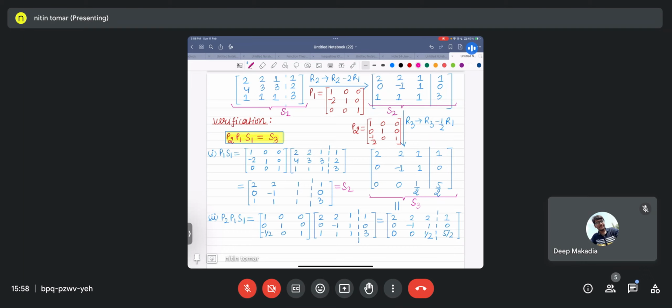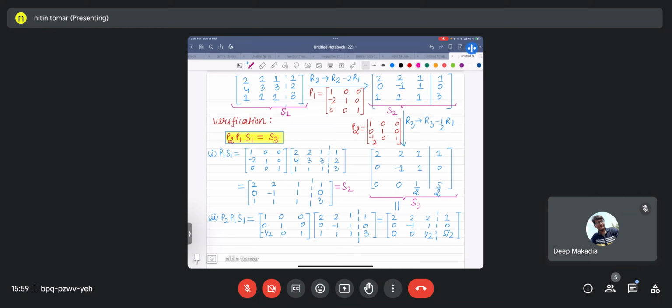So a row operation is not an arbitrary thing; you are actually pre-multiplying by an invertible matrix. You can always associate a row operation with a pre-multiplication by an invertible matrix. Hence, corresponding to every row operation there exists an invertible matrix such that after pre-multiplication with it, we get the new system.